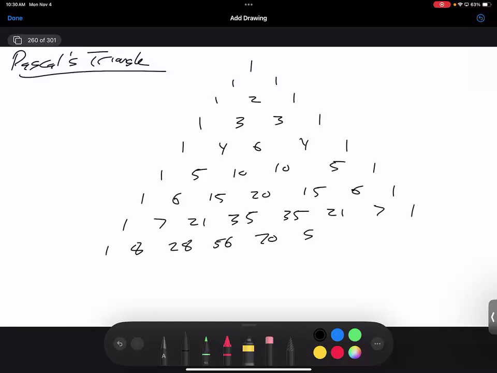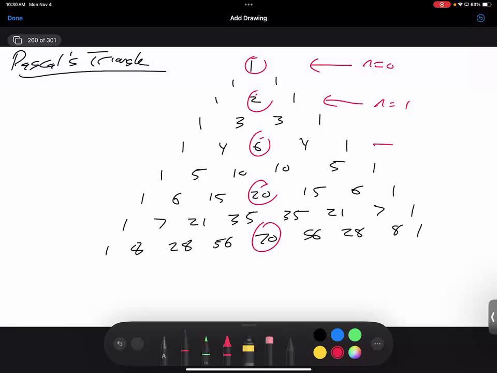Skipping the middle. So let's see what we're noticing. We've got the 1, the 2, the 6, the 20, the 70. This was the answer when n equals 0, this was the answer when n equals 1, n equals 2, n equals 3, n equals 4.